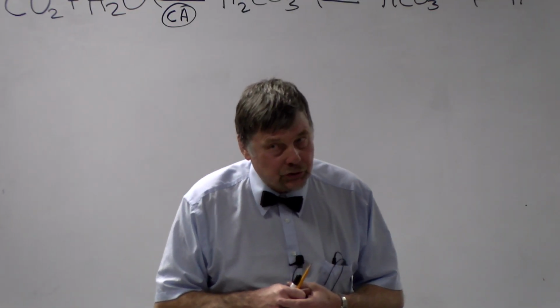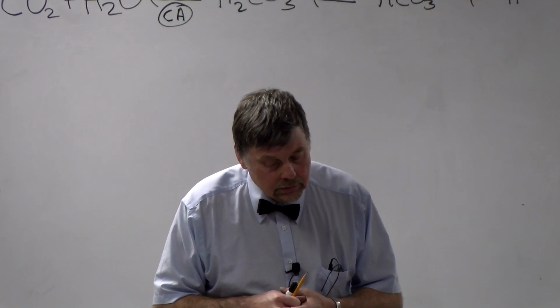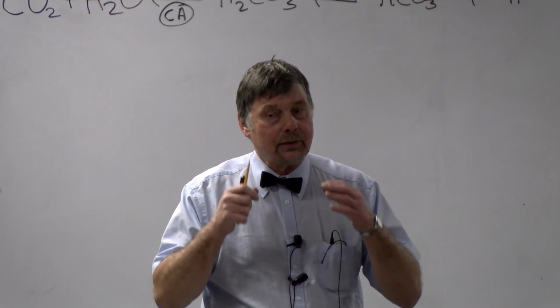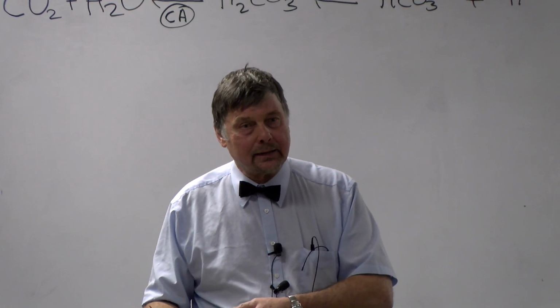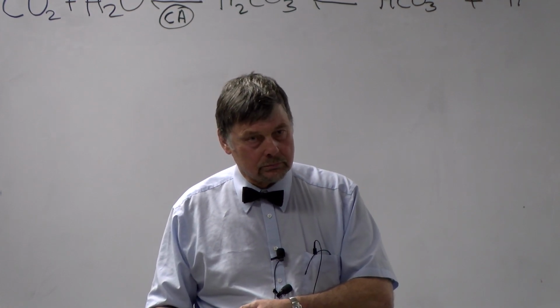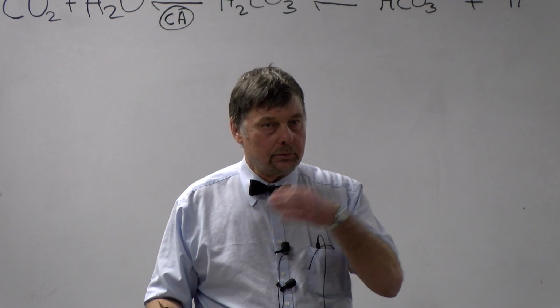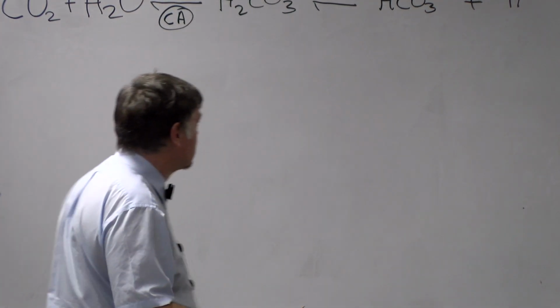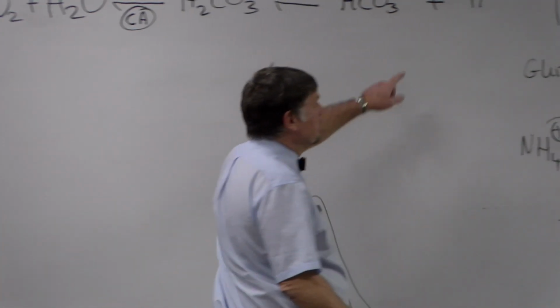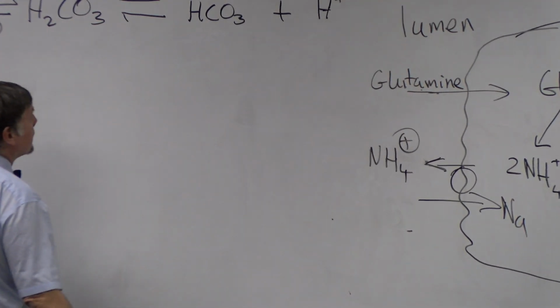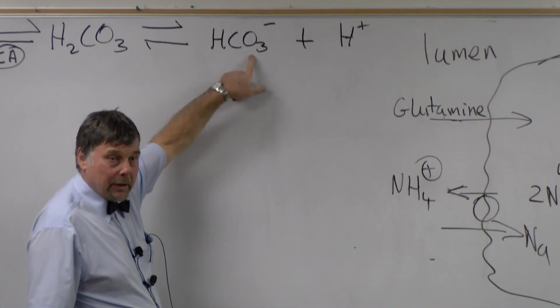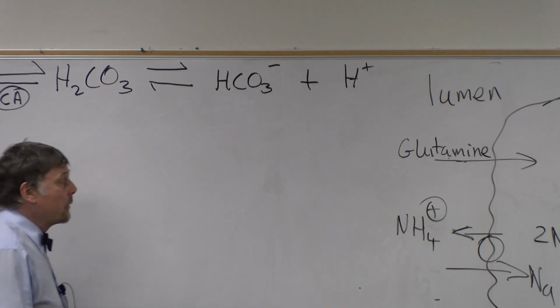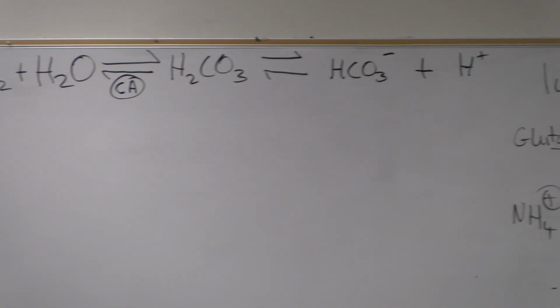Acid excretion is the same thing as adding new bicarbonate to plasma. You get rid of the acid, and you make bicarbonate. Okay? So it looks like we've done all the work that we need to.